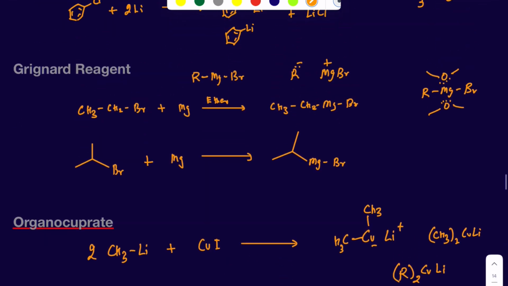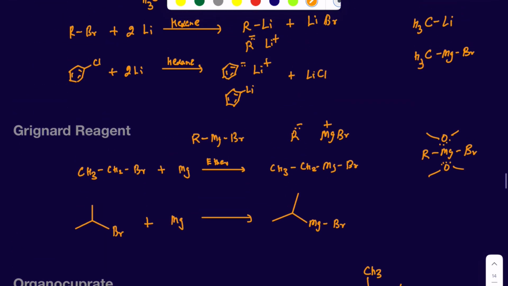Now, if I go back to the electronegativities that we were discussing earlier, we have a carbon lithium bond, a carbon magnesium bond, but now all of a sudden we get a carbon copper bond. That one, I can say, is not going to be as polar.